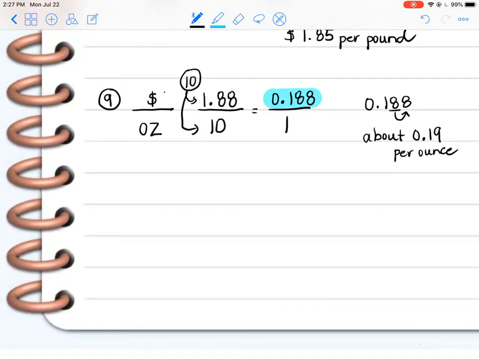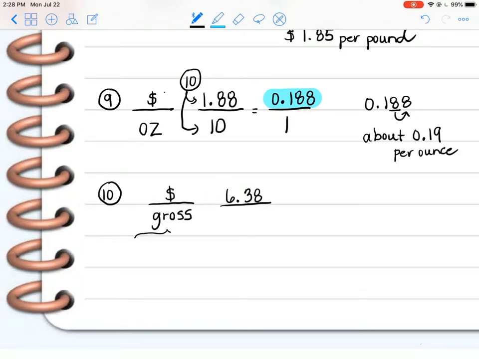And finally, number 10. We have a gross of pencils for $6.38. So I threw you a curveball here. Since we're dealing with money, I'm going to stick to my pattern and put that on top. So this is for a gross. It costs $6.38 for 1 gross.